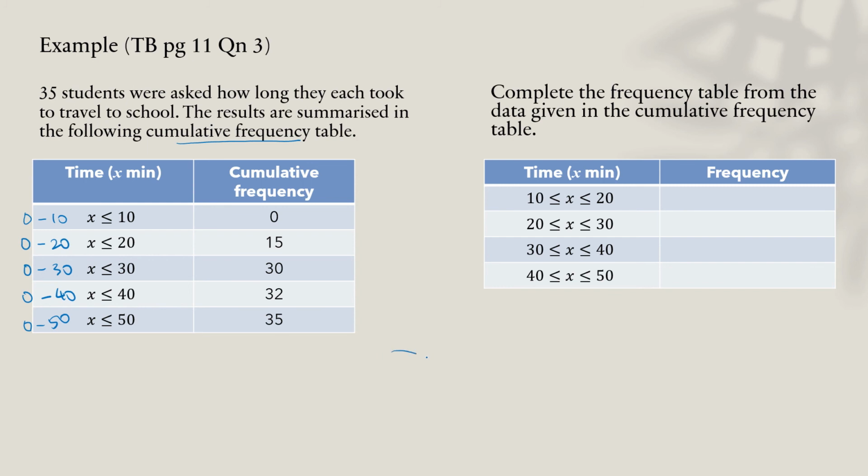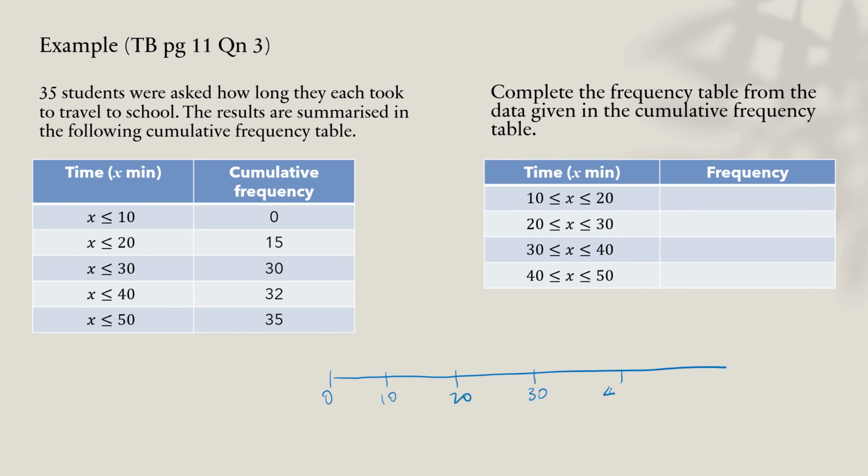So if I draw for you a timeline to illustrate this, let's draw a nicer line. Okay, if I have 0, 10, 20, 30, 40, and 50, right? So I know that from 0 to 10, there's actually none.